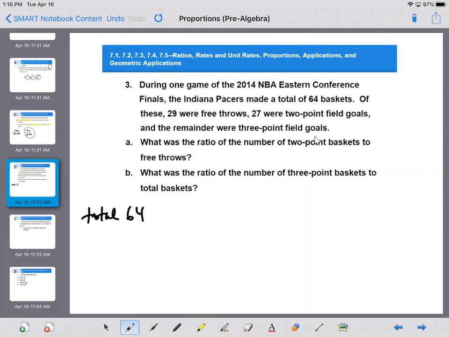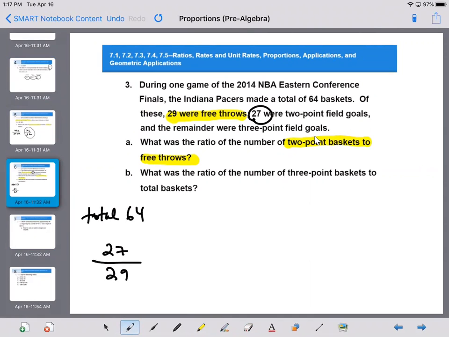So if we're looking at the ratio of the number of 2-point baskets to free throws, then whatever comes first is the first number. So 2-point baskets was 27, free throws was 29, so 27 to 29.